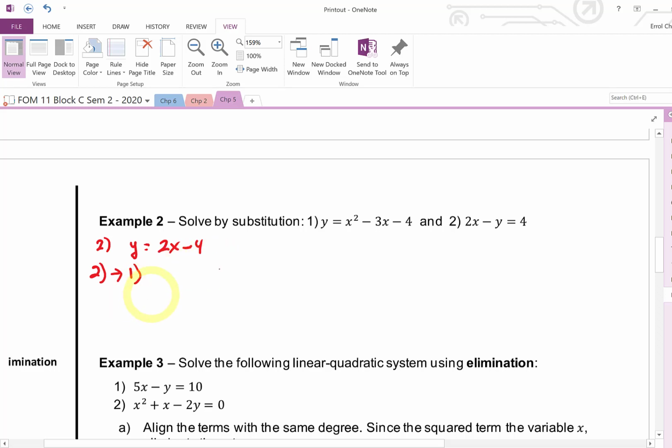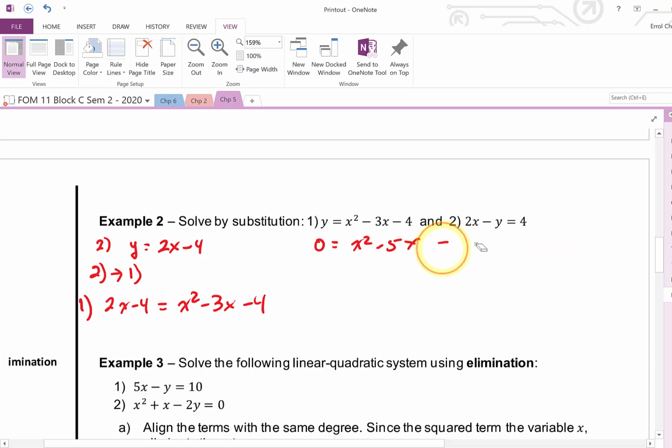So now I have 2x minus 4 all equals, equation number 1 is x squared minus 3x minus 4. So here's my equation number 1. I'm going to put 0 is equal to x squared minus 5x equals 0.